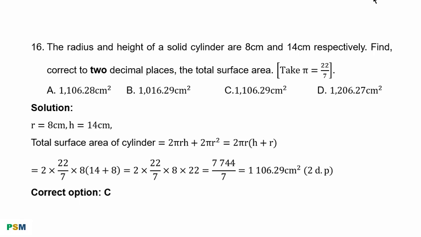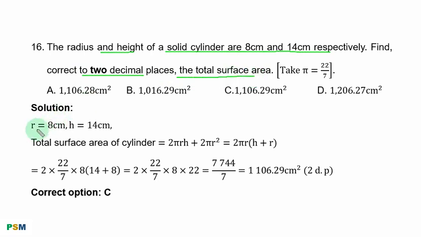Question 16. The radius and height of a solid cylinder are 8 cm and 14 cm respectively. Find, correct to two decimal places, the total surface area. Solution.